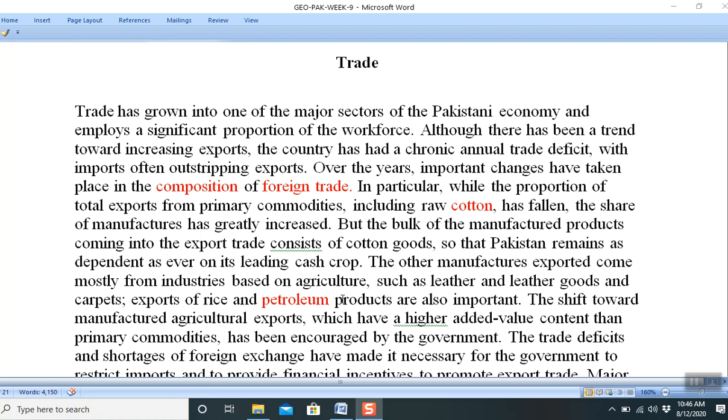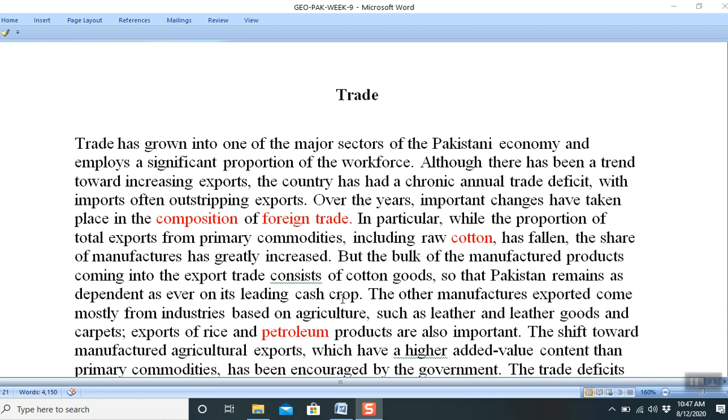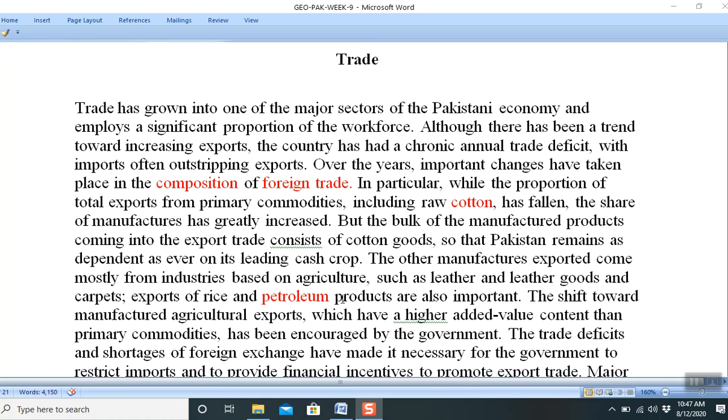Coming down from the abstract points of view, we have to analyze the nature of the Pakistani economy. Number one, the Pakistani economy is based on agriculture.